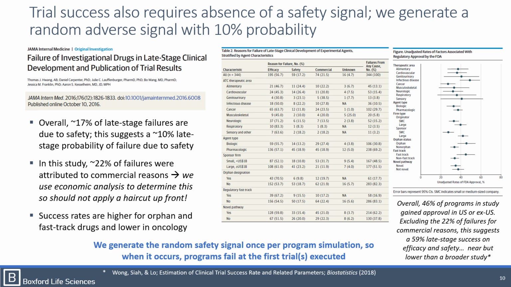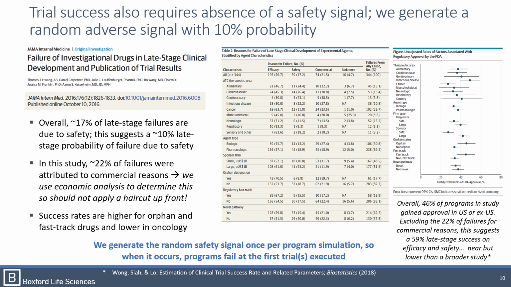We use the patient models and the trial simulations to determine success based on efficacy, but we need to combine that as well with success on safety, and we do that by generating, with 10% probability, a random adverse safety signal that, if it occurs, means that the trial fails. We set that 10% by using published studies that look at why drugs failed in late stage and attributing a certain fraction of those to safety as opposed to efficacy, commercial, or some other unknown reason.